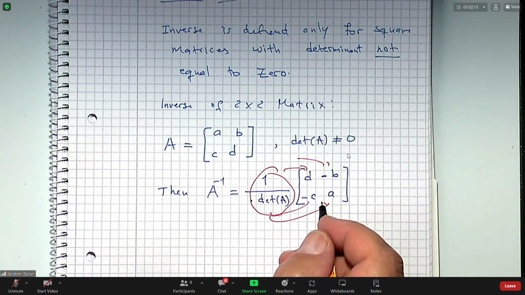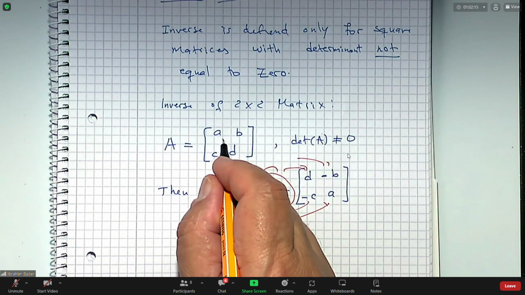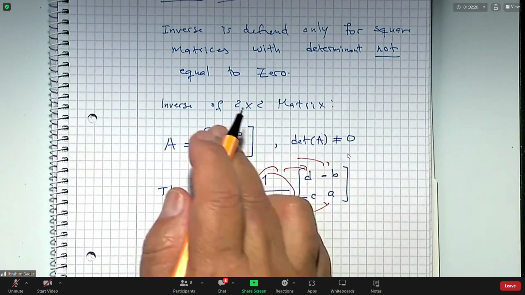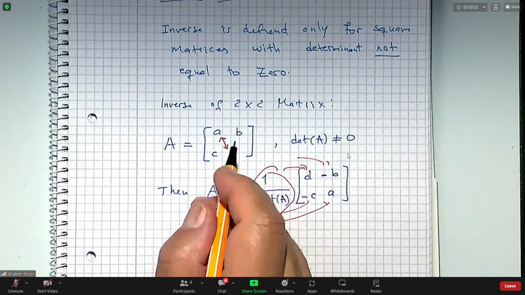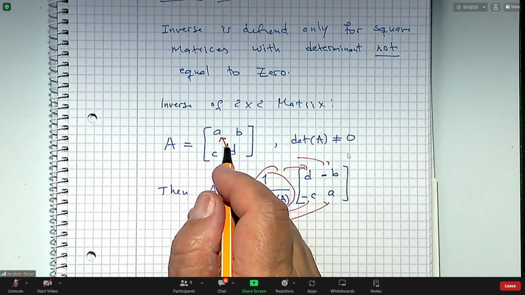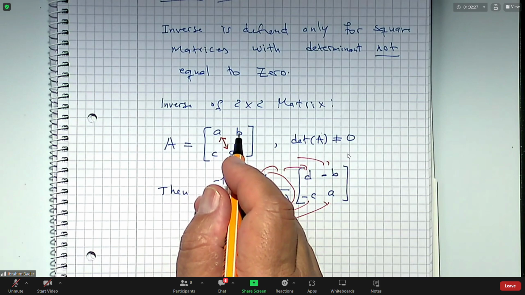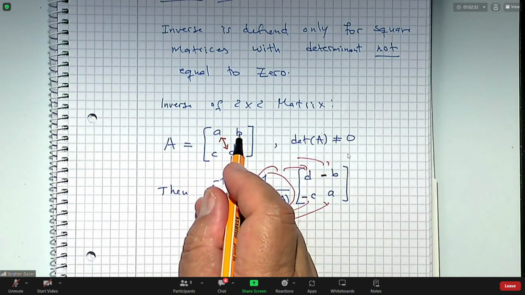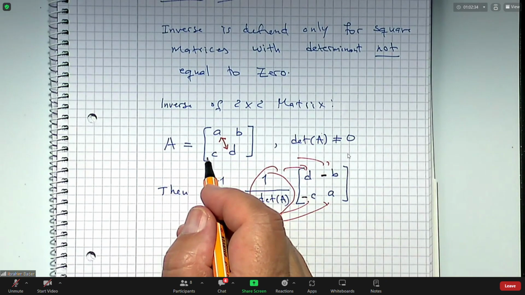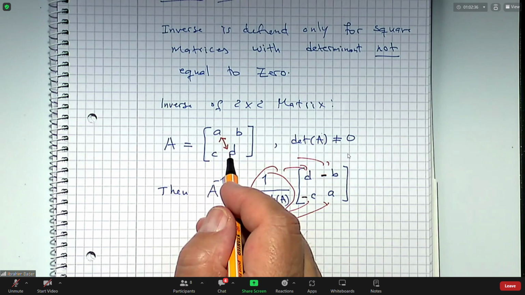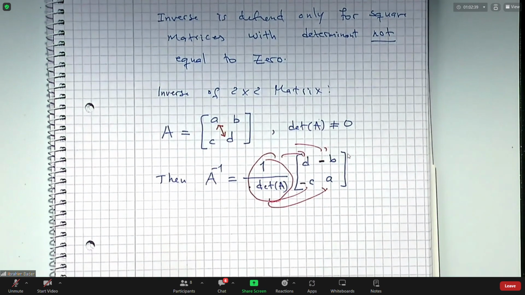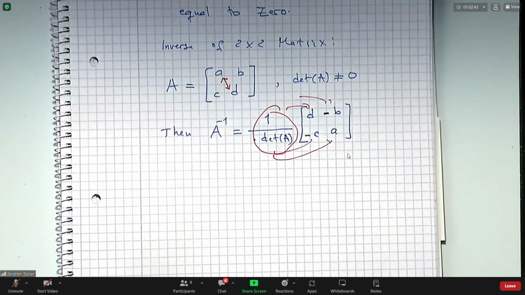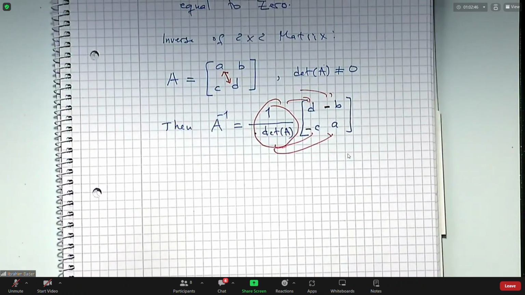Now, what we did here is exchange the positions of these two elements along this diagonal, and keep the positions of the other diagonal but change the signs. So here you have negative and here negative. C and B remain there, but we change the sign. A and D, we switch the order while keeping the sign.